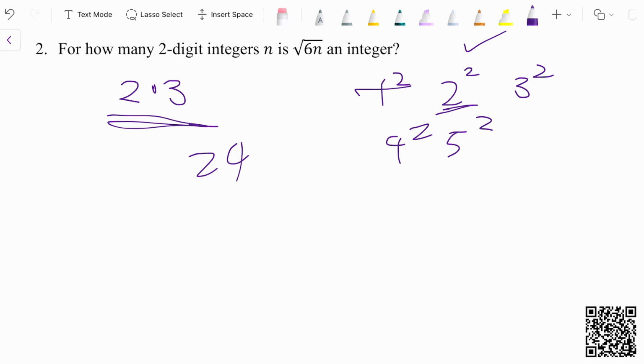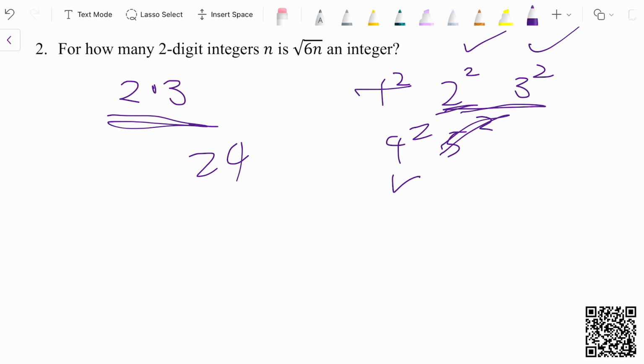And it's asking how many, so we can keep adding on. 3 squared is 9, so 6 times 9, check. 4 squared is 16. If we bring that into the equation, 16 times 6 is also less than 100, which is our first 3-digit integer. However, 5 squared, 25 times 6, is over 100, which means it's going to be a 3-digit integer, so that does not work.